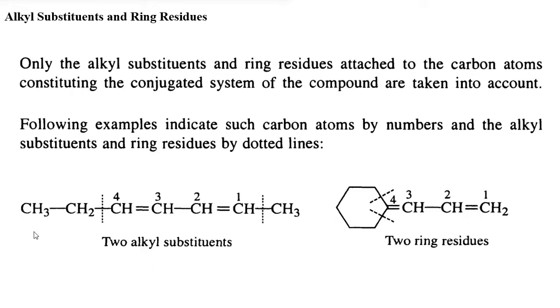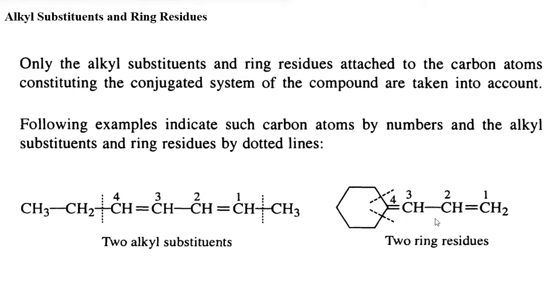Okay, see these two molecules. In this molecule, these two are alkyl substituents because these two groups are directly attached to the conjugated system, and hence they are considered as two alkyl substituents.